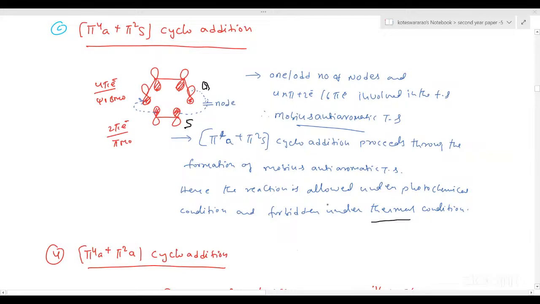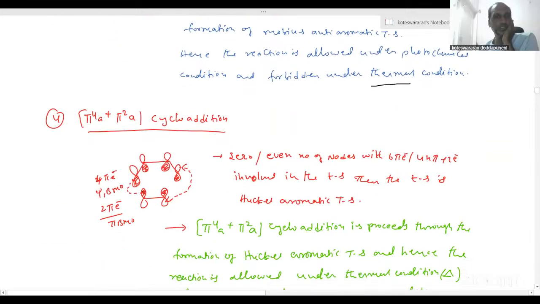Next, the fourth is antra. That means the two lobes in each pi system involved in the interactions are of opposite phases. With respect to the first pi system, the pi 4 system, this is antra. In the first interaction it involves this lobe, and in the second interaction it involves this lobe.